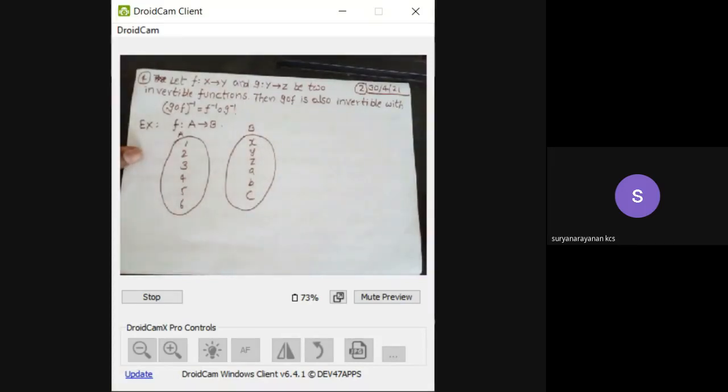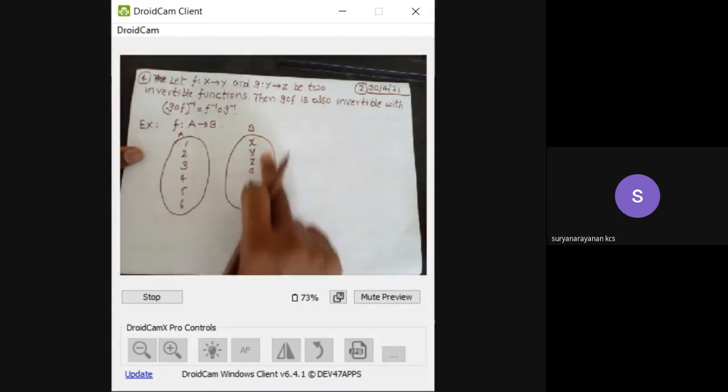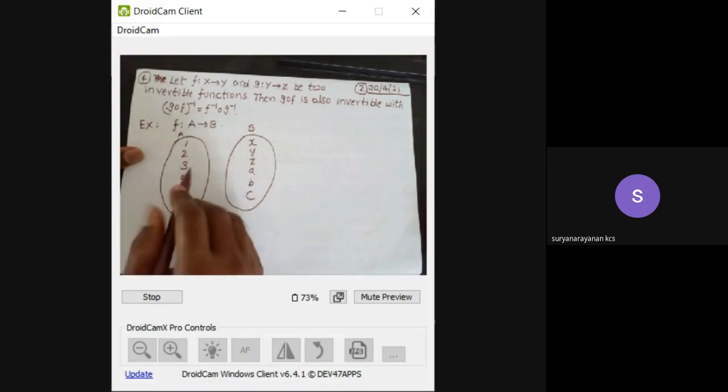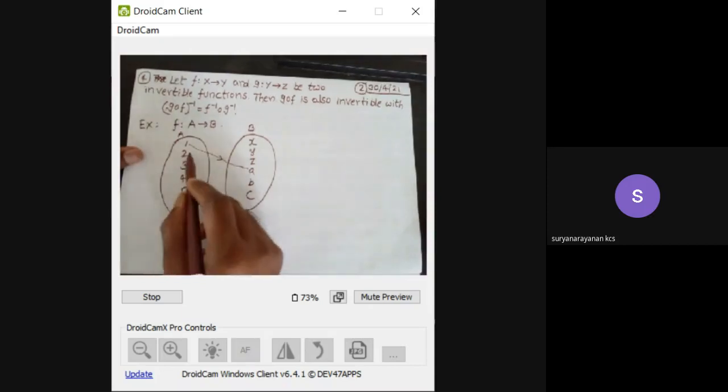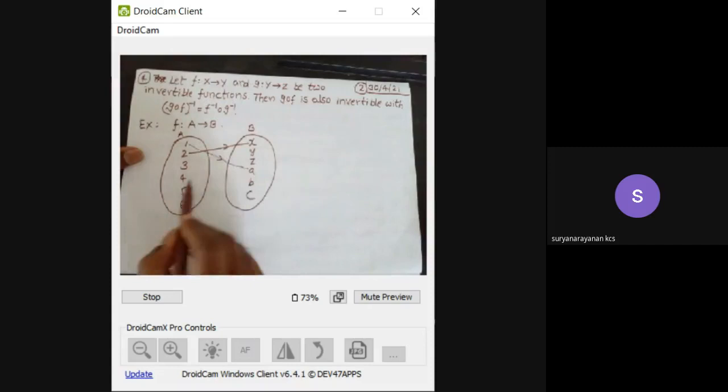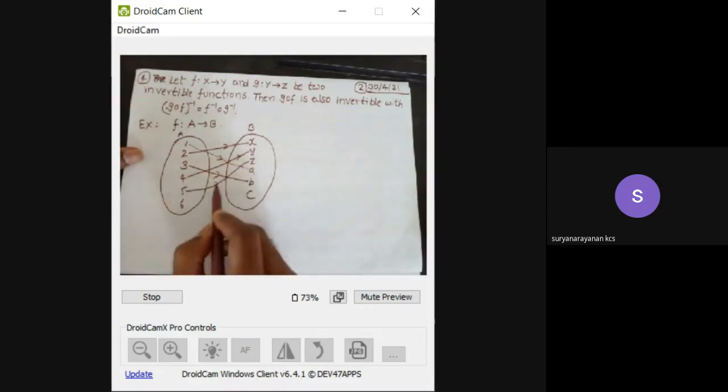I have taken the elements of set A and the elements of set B. I am connecting element 1 to a, 2 to x, 3 to b, 4 to y, 5 to z, 6 to c.